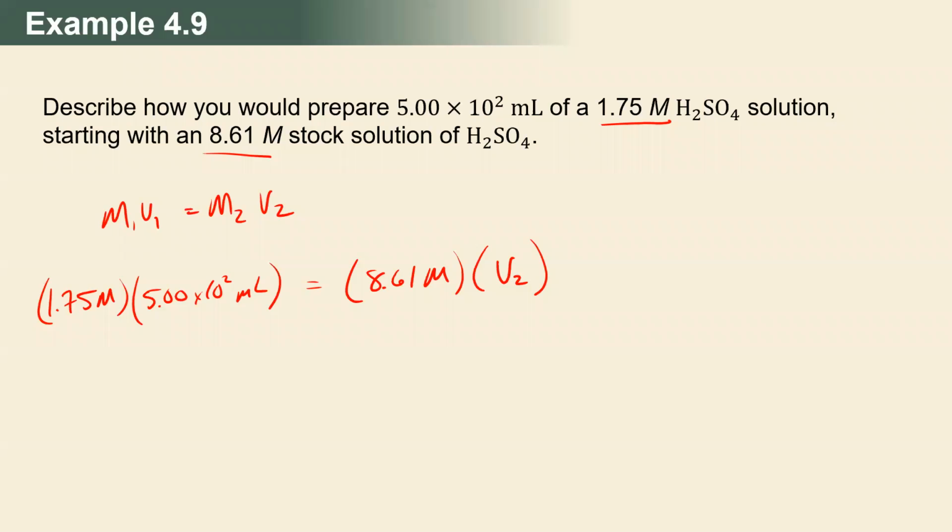So we're just going to divide both sides by 8.61 molar. Because we have volume on both sides, we don't have to necessarily convert to liters to do this math. You just need to remember that whatever your initial volume is, that's what your final volume is going to be in terms of the units.